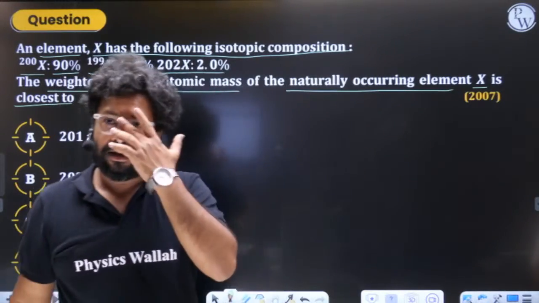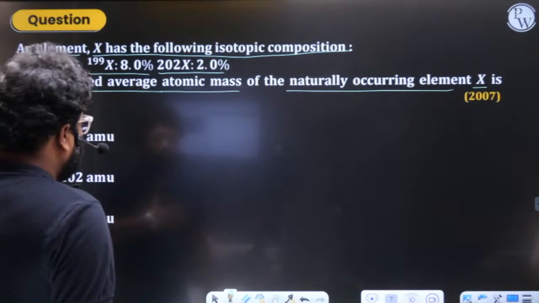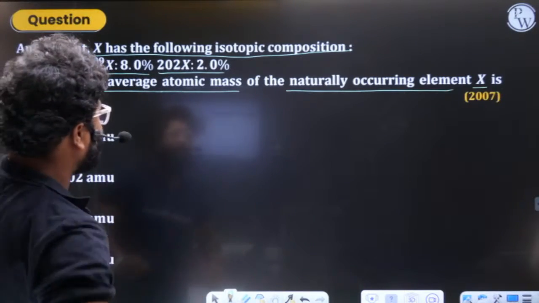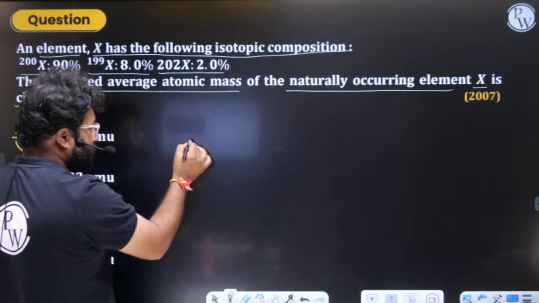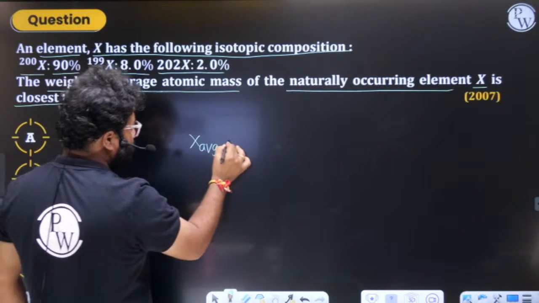Now let's solve this question. So the average atomic mass of element X is going to be what?